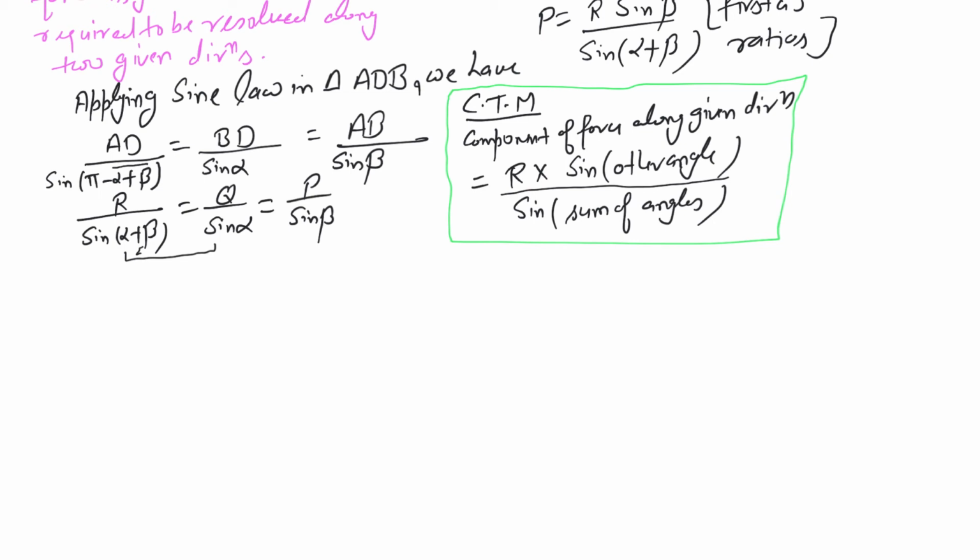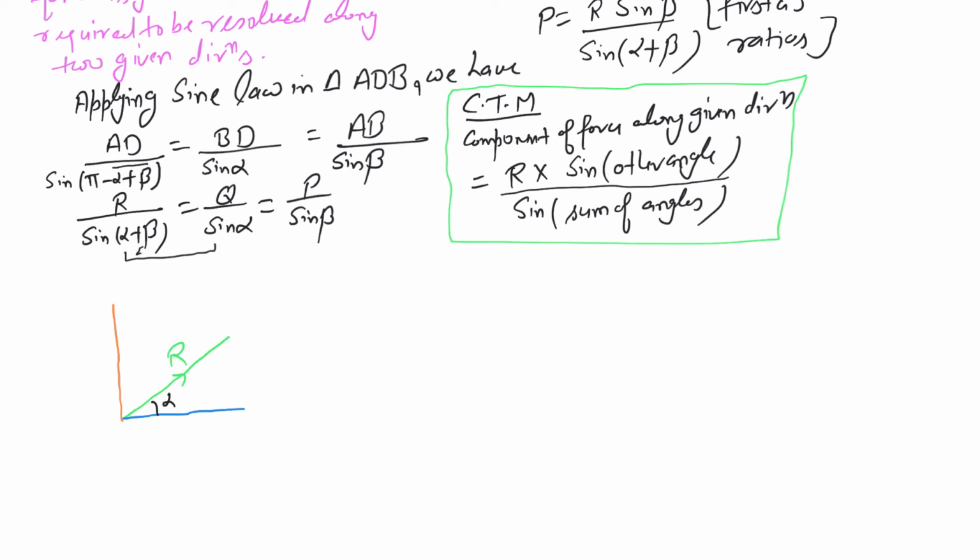So let us say this is the resultant R, and it is required to be resolved into components which are at right angle to each other, and the angles are given the same.